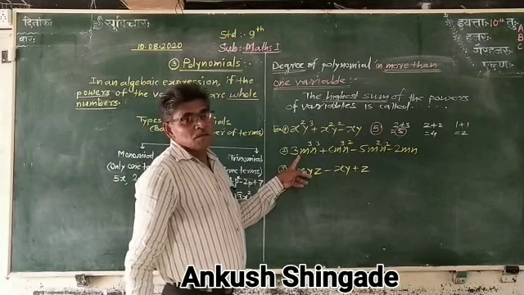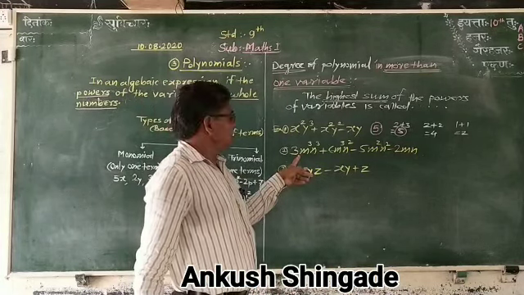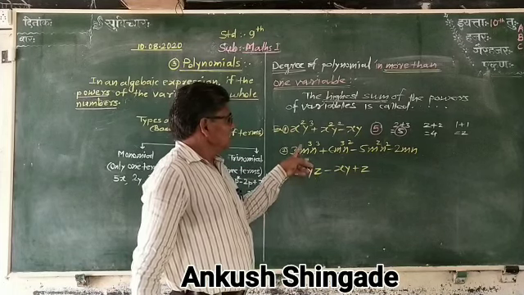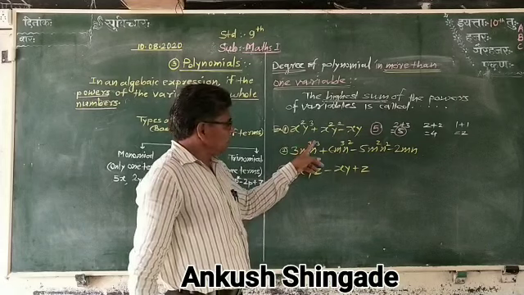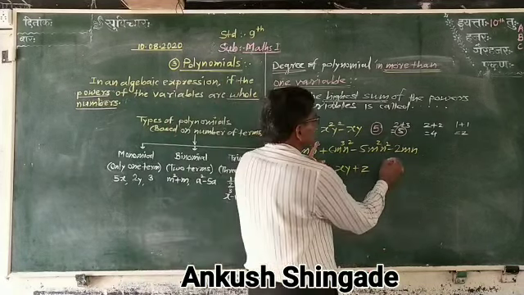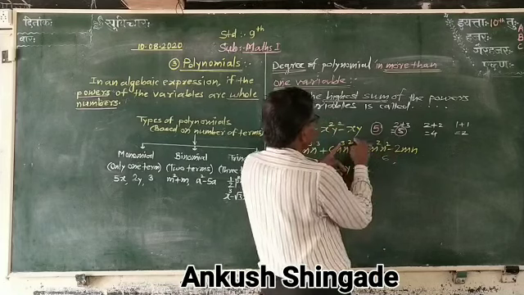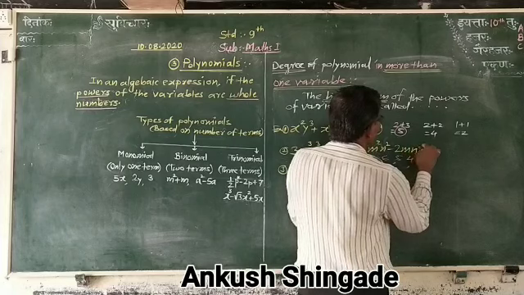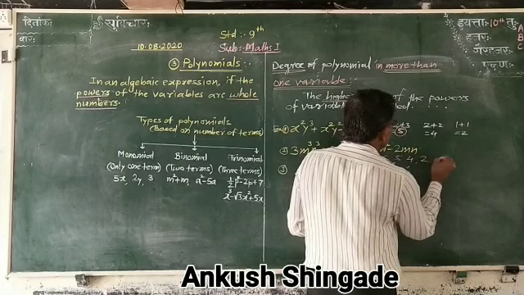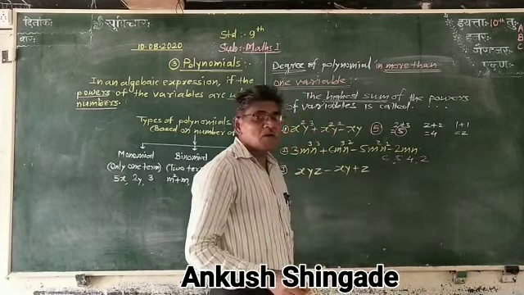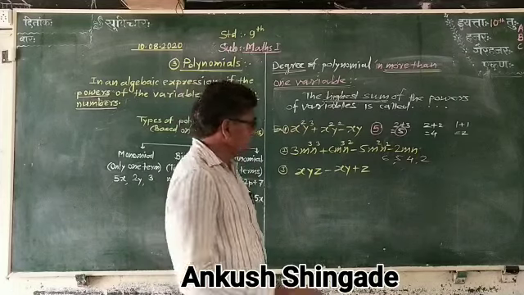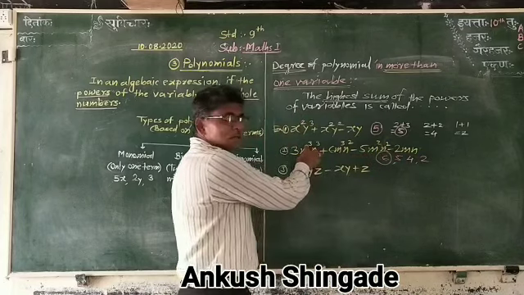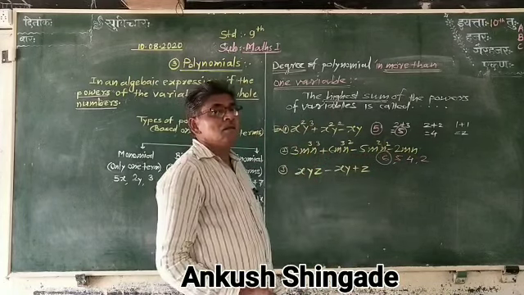Now study the degree of this example, this polynomial. Here the sum is 3 plus 3, 6, 3 plus 2, 5, 2 plus 2, 4, and 1 plus 1, that is 2. Out of these, the highest sum is 6, therefore 6 is the degree.